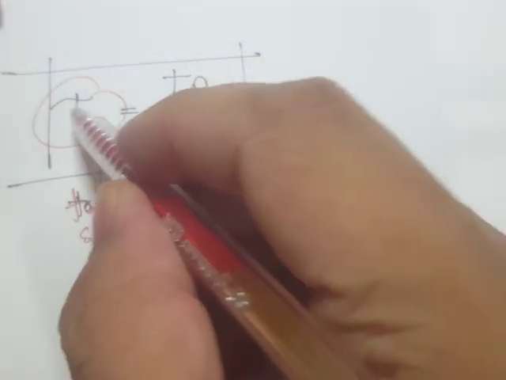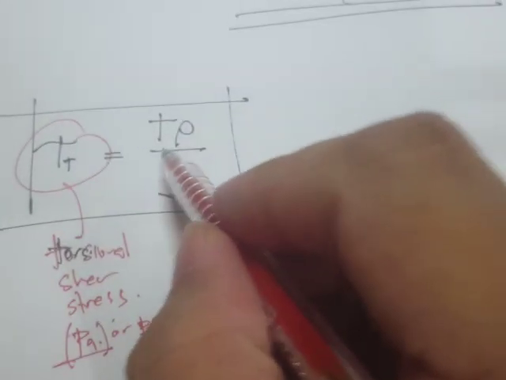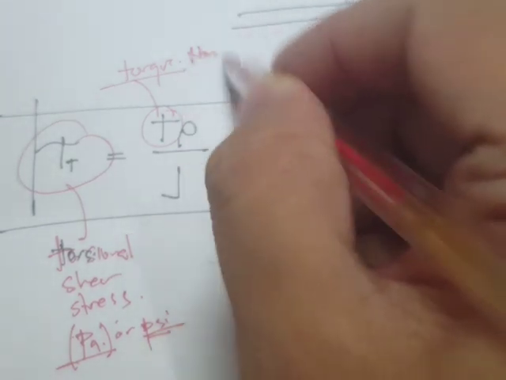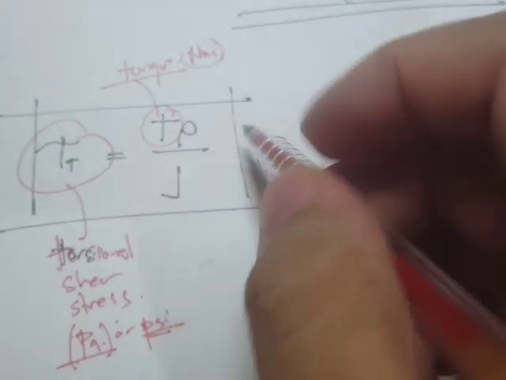It says here that T is the torque, and the unit of torque is the same as the unit of moments, that's Newton meter.